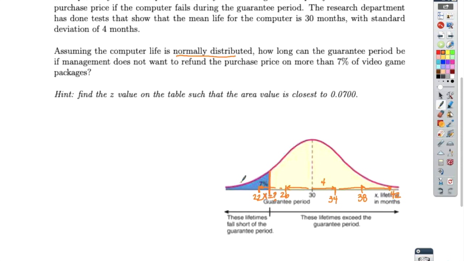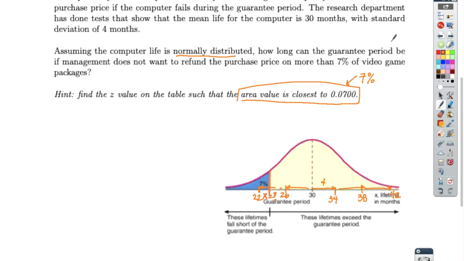We want to find the Z value on the table such that the area is closest to 0.0700. Now, the 0700 decimal came because this is just the decimal representation of 7%. So I want to find the area in the table of 7%.